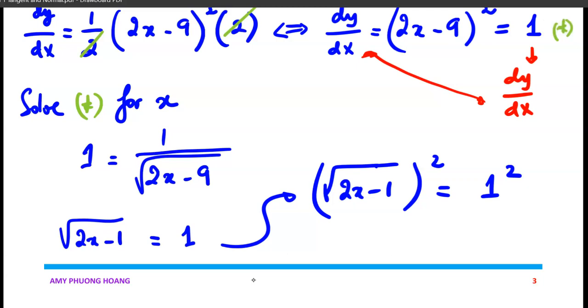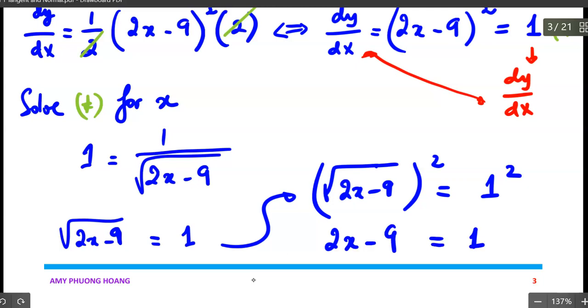So that means I am going to end up with 2x minus 9, I'm sorry, 9, equal to 1. Right? With 2x minus 9 equal to 1, it turned into just a linear equation, and then you can easily solve for the values of x.